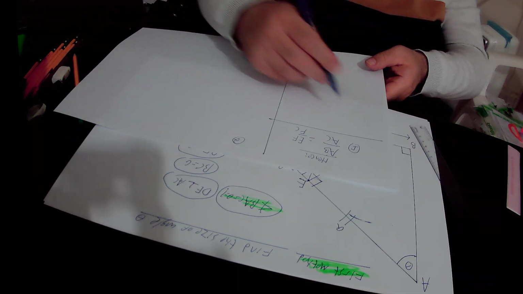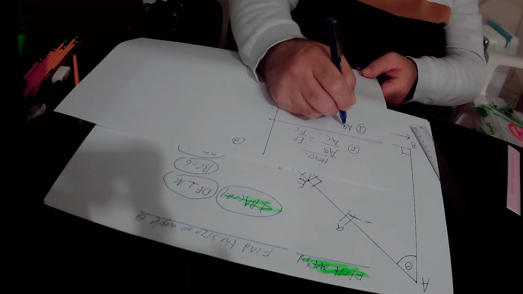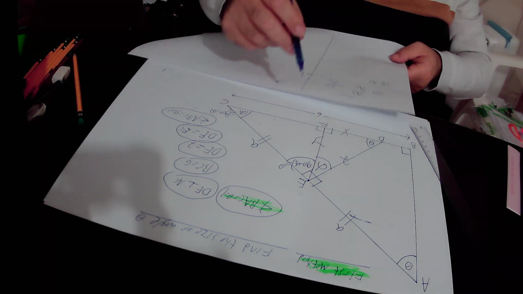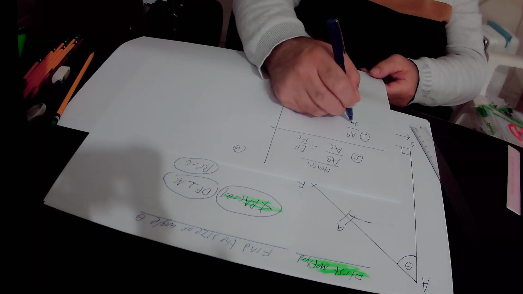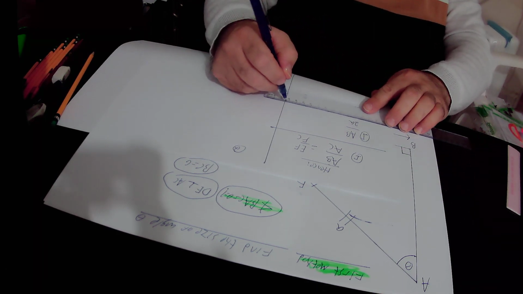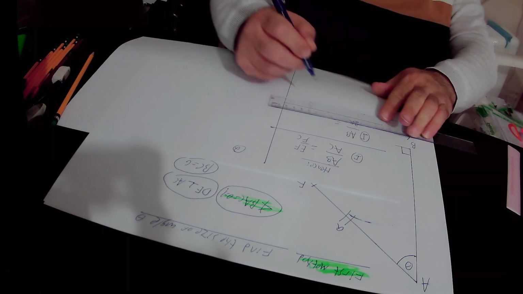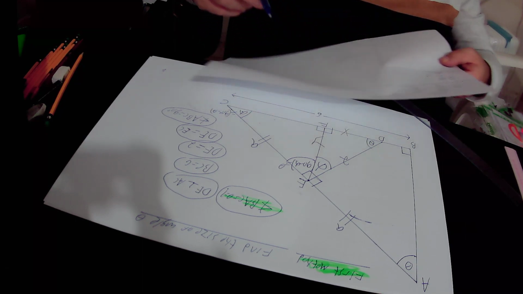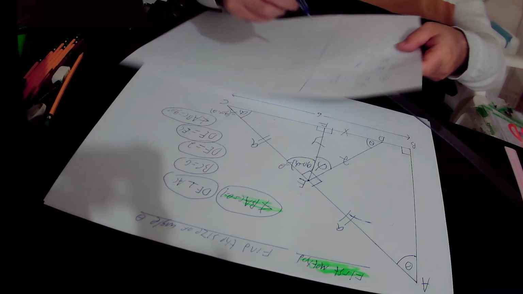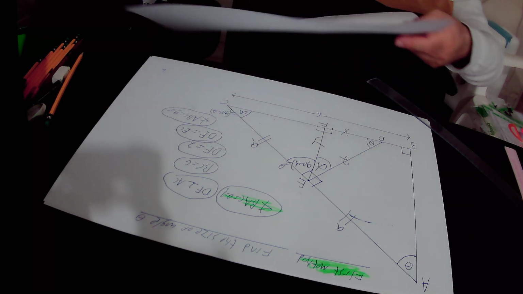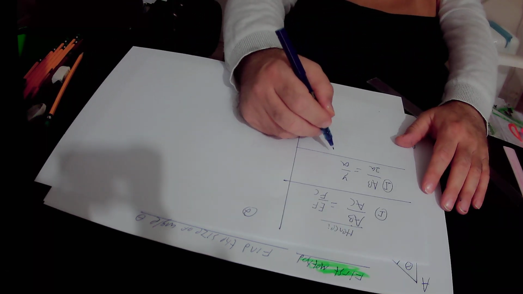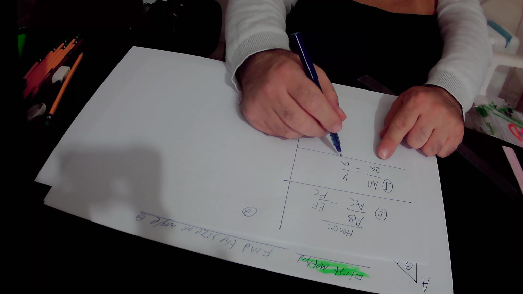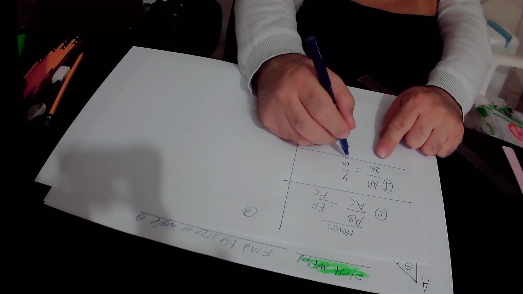So AB over AC, where AC equals A plus A, that is to say AC equals 2A, is equal to EF, which equals Y, over FC, which equals A. The conclusion is that AB over 2A equals Y over A. Here we have A on both sides of the equation, so A will get cancelled.